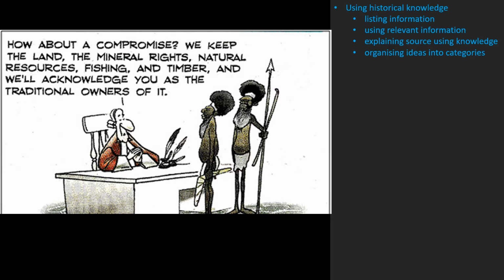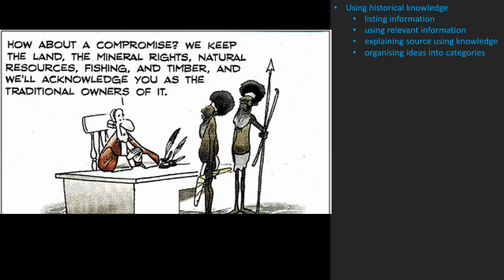Organising ideas into categories. Okay, so maybe I've got a couple of different ideas that I'm going to help to explain. So one of my categories would be legal. So I'll talk about the fact that there's a judge there and laws changed in the 90s recognising traditional rights. And another thing that I might talk about would be the difference between the 2 cultures. One of them's heavily dressed up, sitting in a chair, seeming like he's powerful.